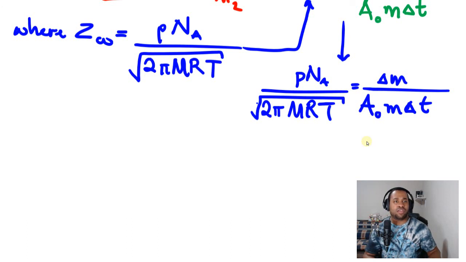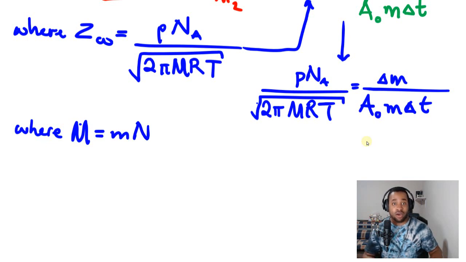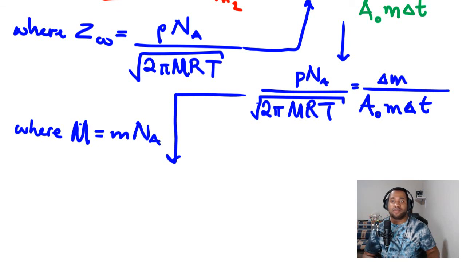And so we know that the molecular weight is equal to the mass multiplied by the number of particles, we can then rearrange our expression to be now in terms of the pressure and only the mass and also the molecular mass, not the number of particles.